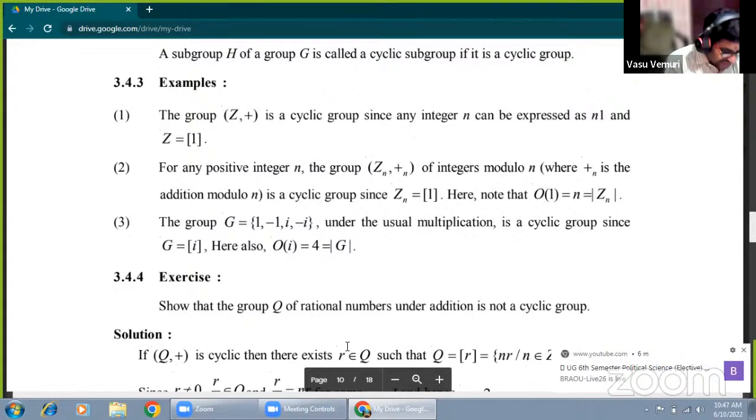Here omega belongs to capital G, so omega is one of the generators. In the cube roots of unity, one generator is omega, and the second generator is omega square.